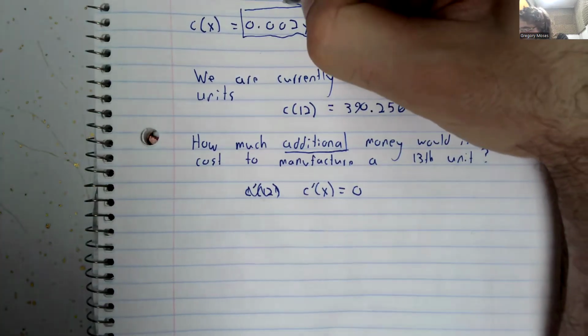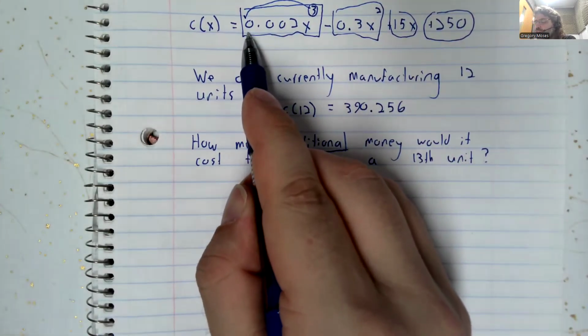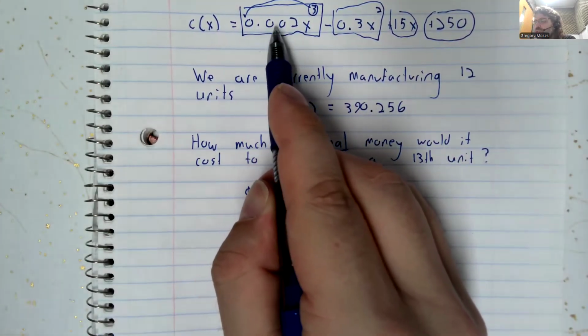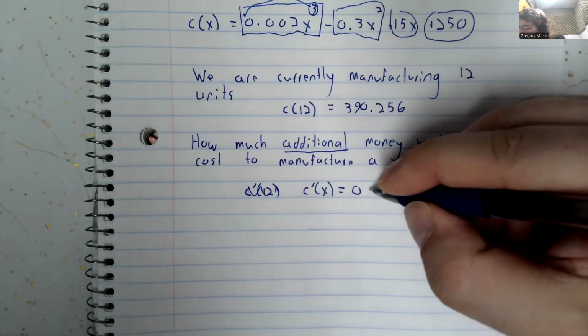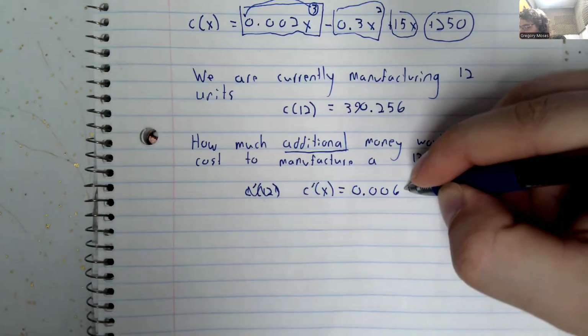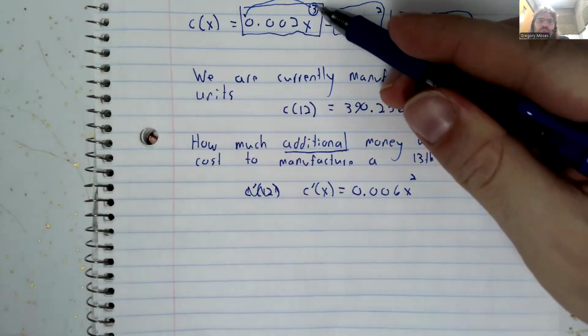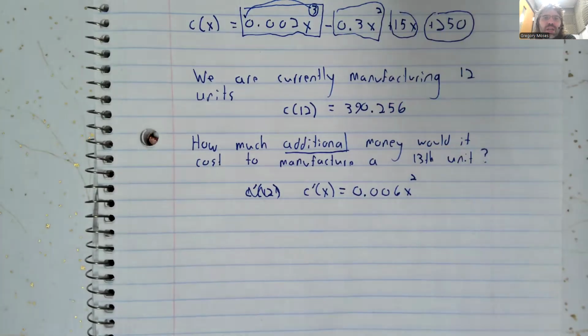When the 3 comes down, 3 times 0.002 gives 0.006x squared.